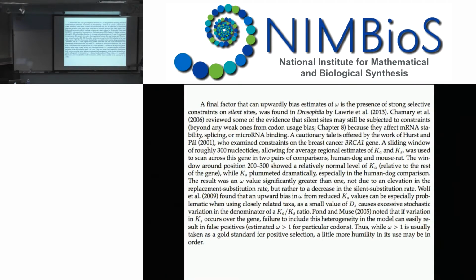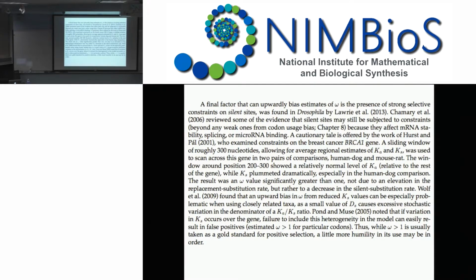In this window, while Ka is relatively constant, Ks plummets dramatically. So in that window, you get an elevated Ka to Ks ratio, not because of apparently adaptive substitutions, but because of much more stringent constraints on the third base positions in that window. Probably something to do with binding or regulation.